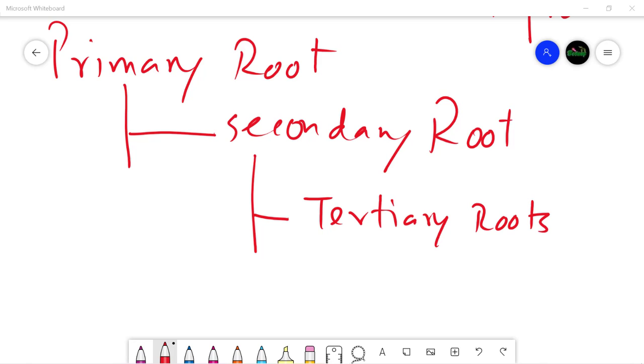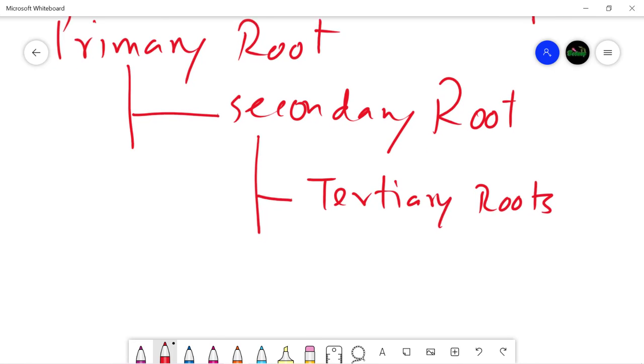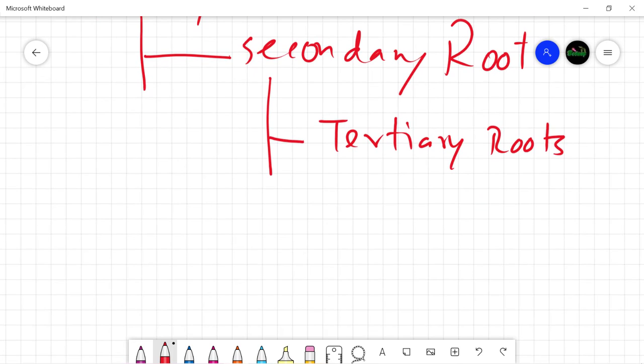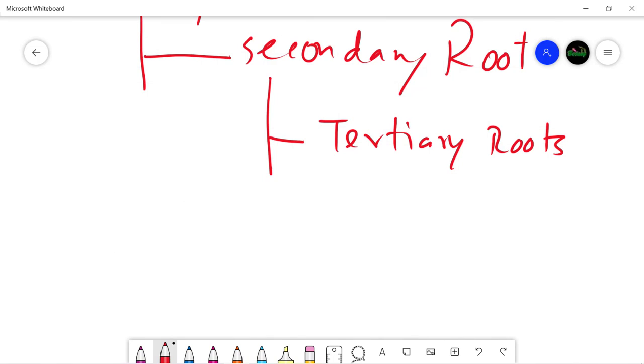We can classify the taproot system in different ways. One of the classifications is, for example, this is taproot.